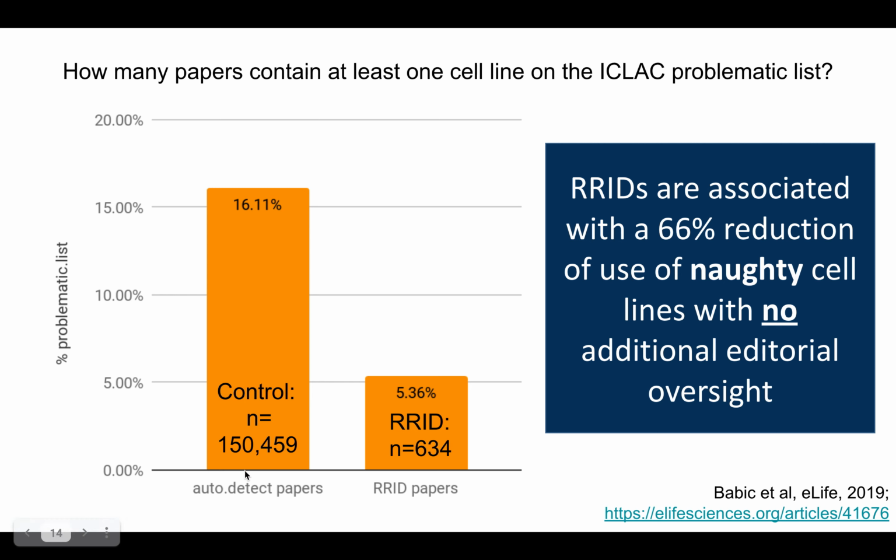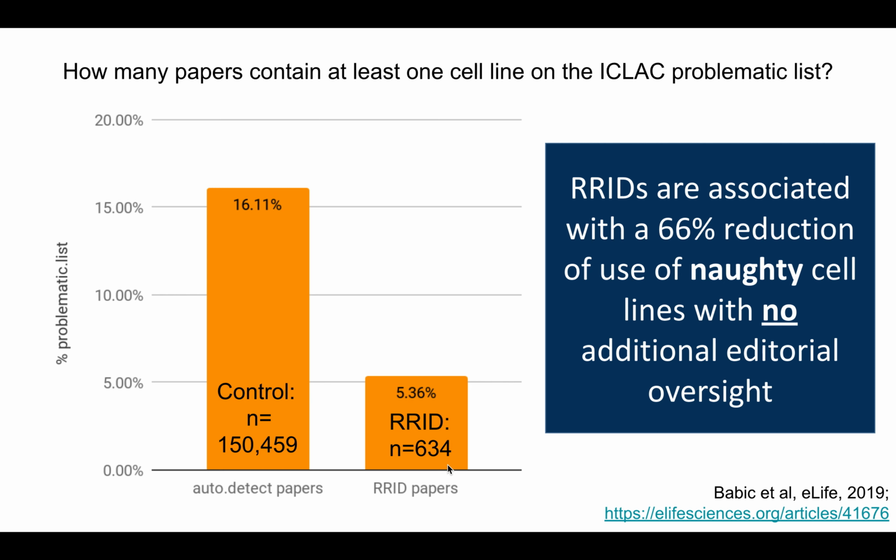So here we found 150,000 papers that did not use RRIDs, and then we ran a fairly strict matching algorithm to try and figure out if these cell lines actually matched one of the cell lines that were listed in the problematic list. And we did that, and we found about 16% of the papers actually were using one of these problematic cell lines. Now, again, some of these are fine to use, but many are not.